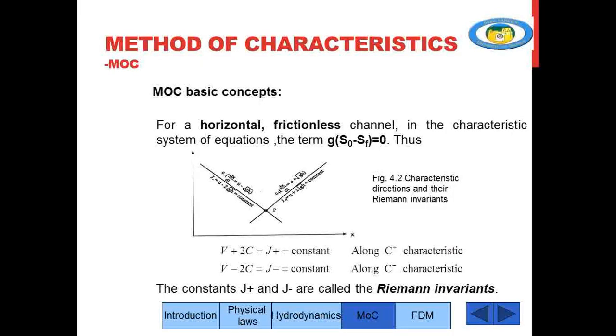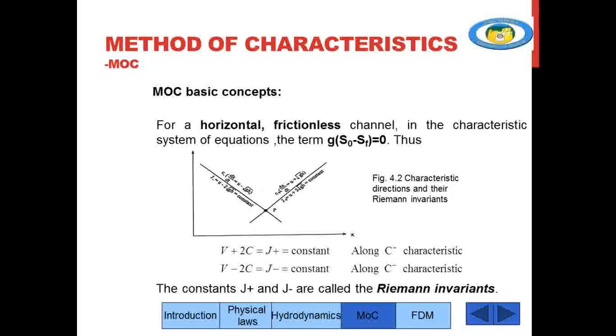So for the horizontal frictionless channel, assuming straight characteristics directions, as you can see in figure 4.2, at a given point P, along the C plus characteristics and along the C minus characteristics, they meet at point P. And the values of the Riemann invariants along the C plus direction is constant, along the C minus direction is also constant.